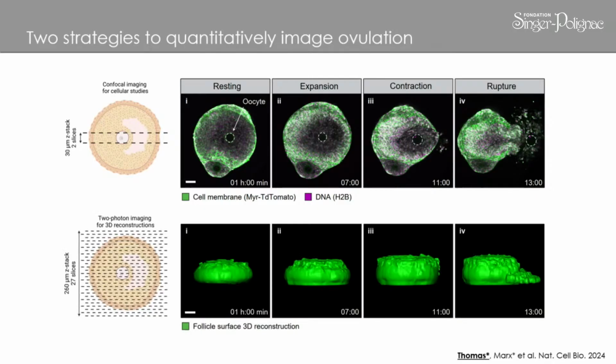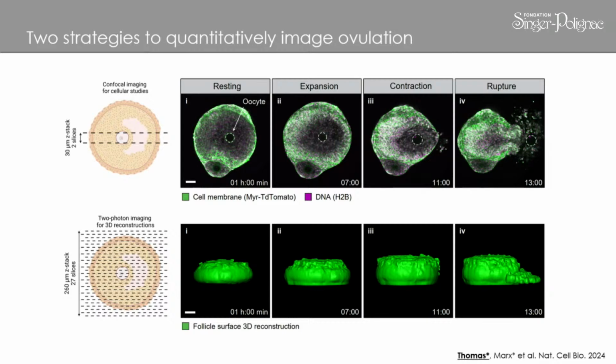The second strategy was to use 2-photon microscopy with a much lower resolution in X and Y, but instead imaging this detailed Z-stack throughout the entire height of the follicle, allowing us to generate 3D surface reconstructions and describe transitions in both follicle size and follicle shape through ovulation.